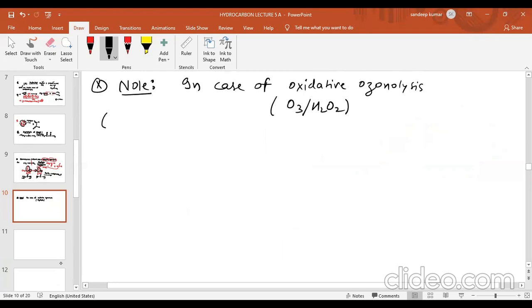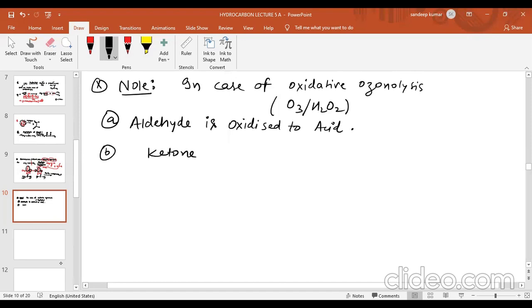In oxidative ozonolysis, the first point is that aldehyde is oxidized to acid, while ketone is not affected. If a ketone is obtained as one of the products, then the ketone is not affected.